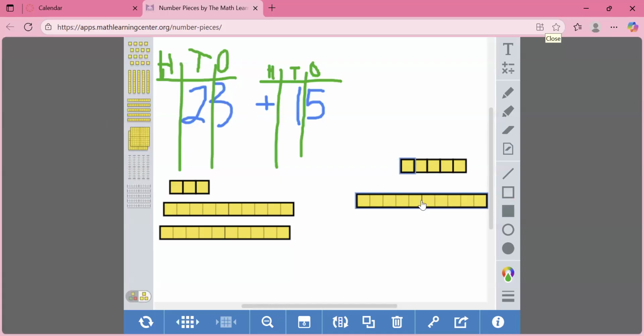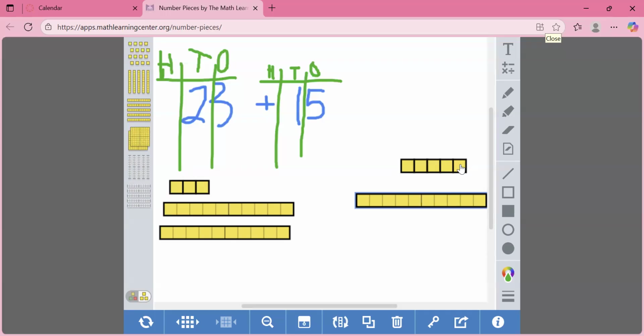Now we are going to count all of our base 10 blocks so we can see what 23 plus 15 equals. So let's start by counting our 10 rods, and then we'll switch off to the single ones. So 10, 20, 30, 31, 32, 33, 34, 35, 36, 37, 38.